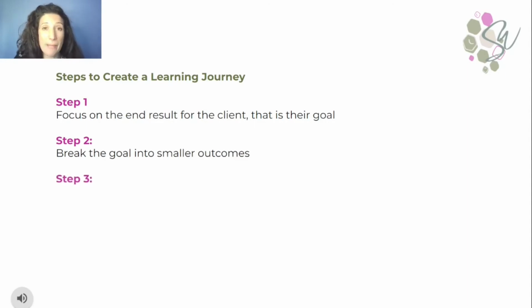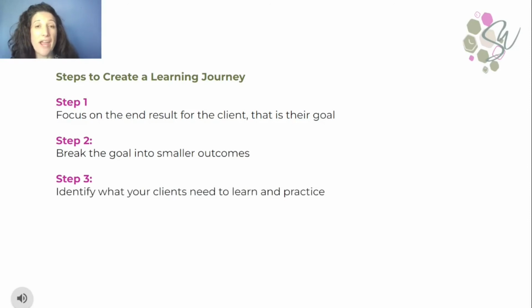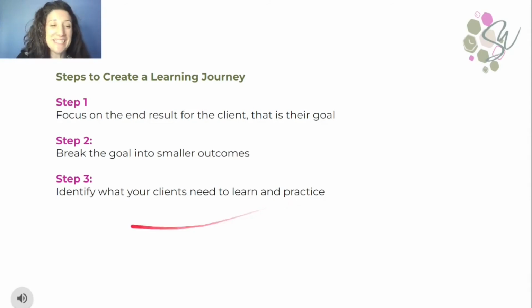And then you move into step 3, which is identifying what your students need to learn and practice so that they can achieve these outcomes. So this is your goal, your learning outcomes, and your competencies. Now with those 3, as mentioned in this course, your lessons will help students achieve these.